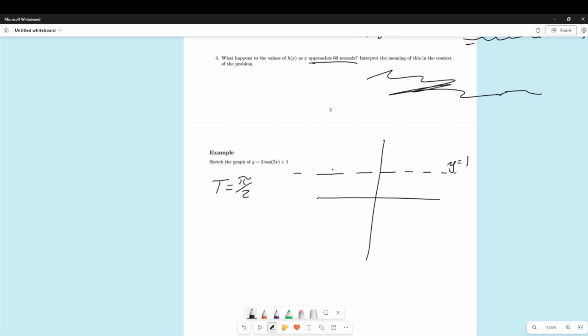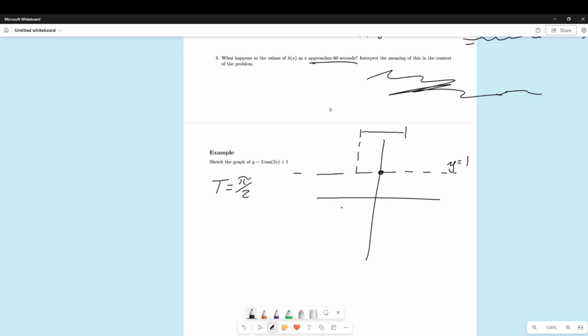So we're going to have a period of pi over 2. Again, that's going to be on either side of that center. So that means our asymptotes are going to be at pi over 4 and negative pi over 4.